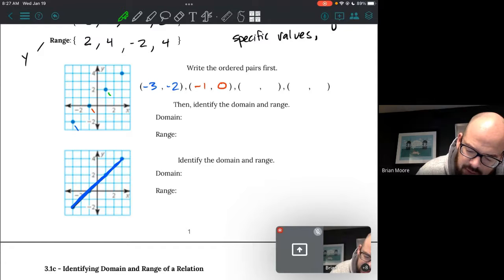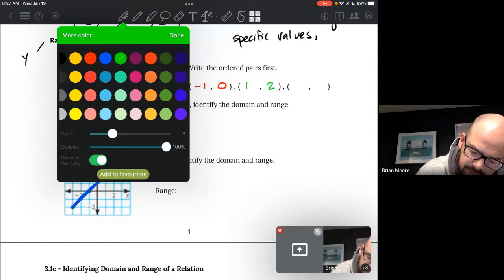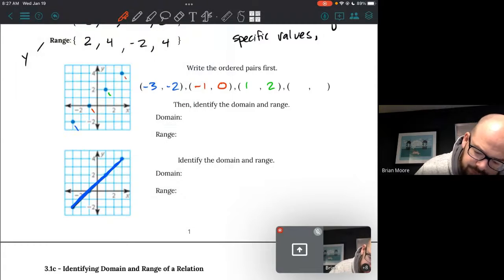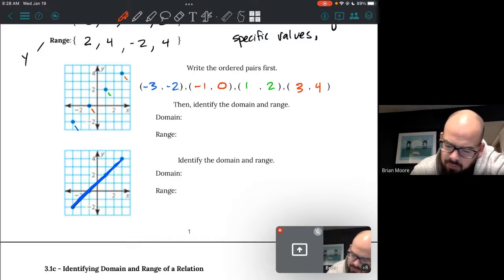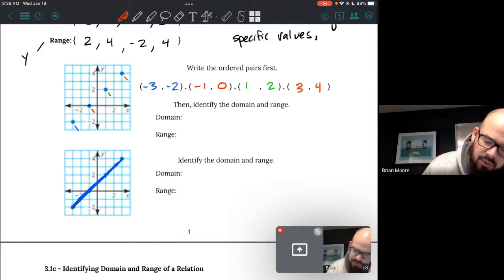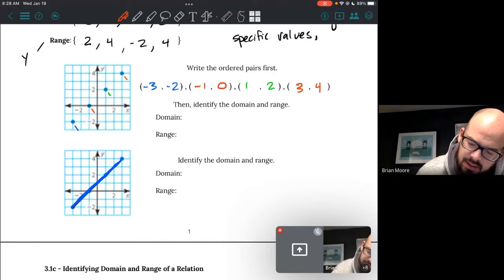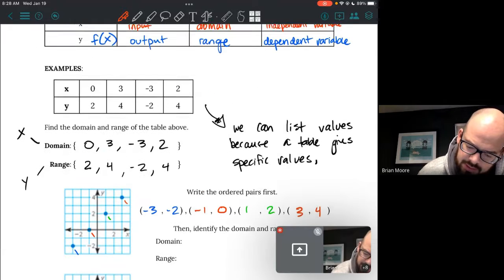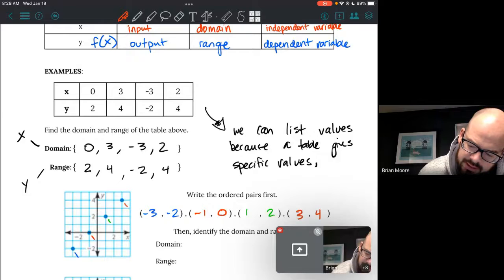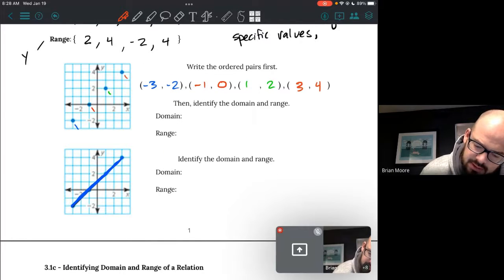My second value will always be my y. So I go +1 on the x-axis, and I go up 2 on the y-axis. This one is a +3, and then I go up 4. Okay, so there's my ordered pairs. Now all we have to do is exactly like we did in this table, list our specific values.